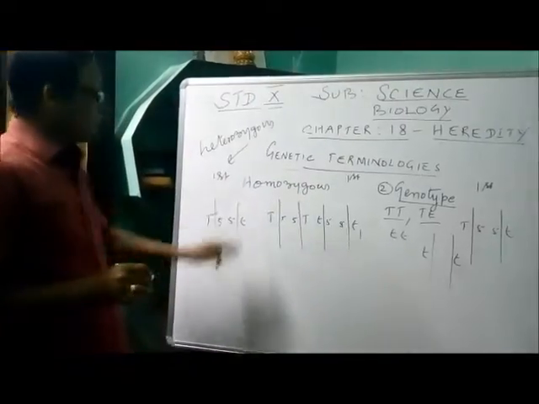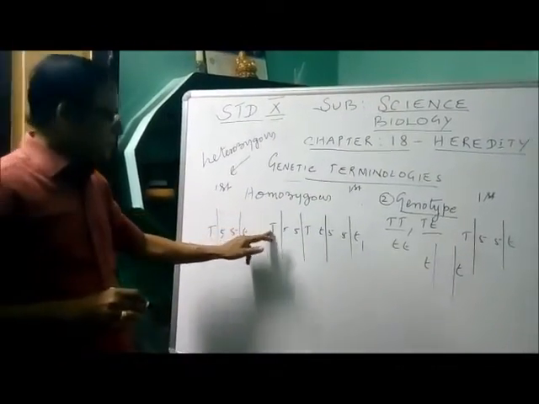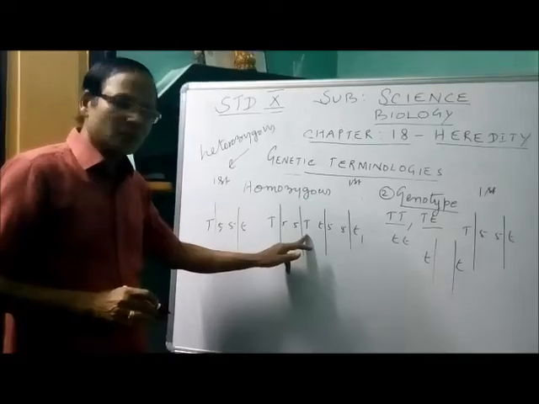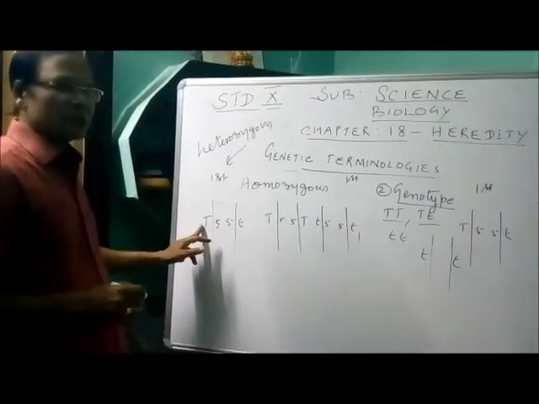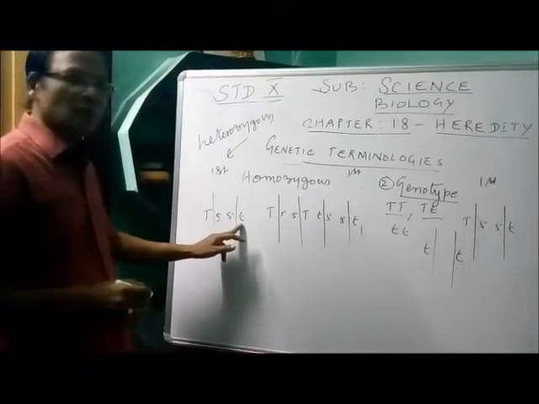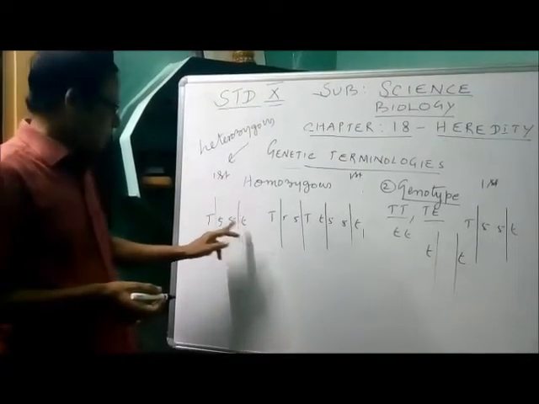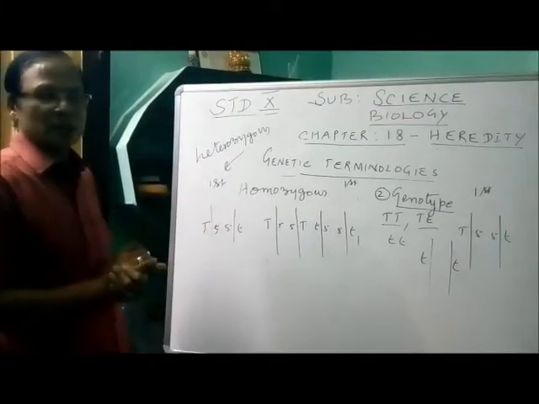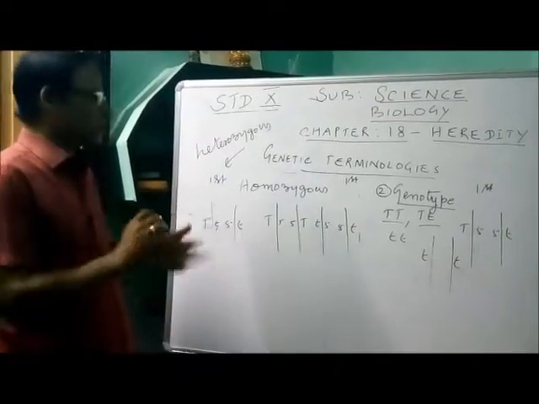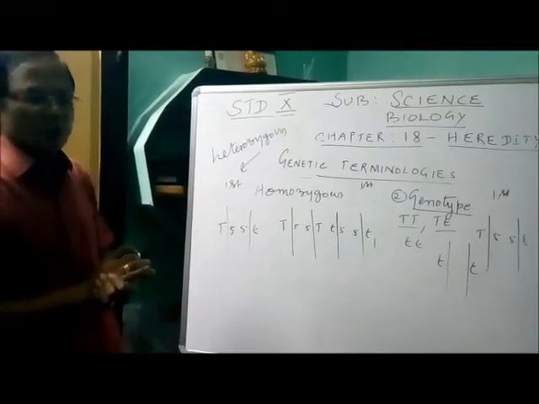So in the homozygous condition, the two genes for a particular trait are similar in both the homologous chromosomes. In the heterozygous condition, the two genes of the T gene are different. So alike and unalike. These are two more terminologies.